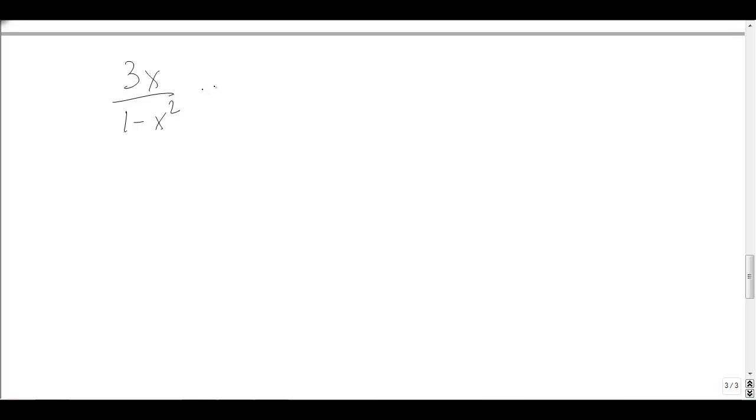This one I'm going to rewrite as 3x times 1 over 1 minus x squared. And then I'm going to use the series formula. 1 over 1 minus x is the sum n equals 0 to infinity, x to the n. So then this is 3x times, now this is 1 over 1 minus x squared, so I put an x squared where an x is. 1 over 1 minus x, replace the x with an x squared.